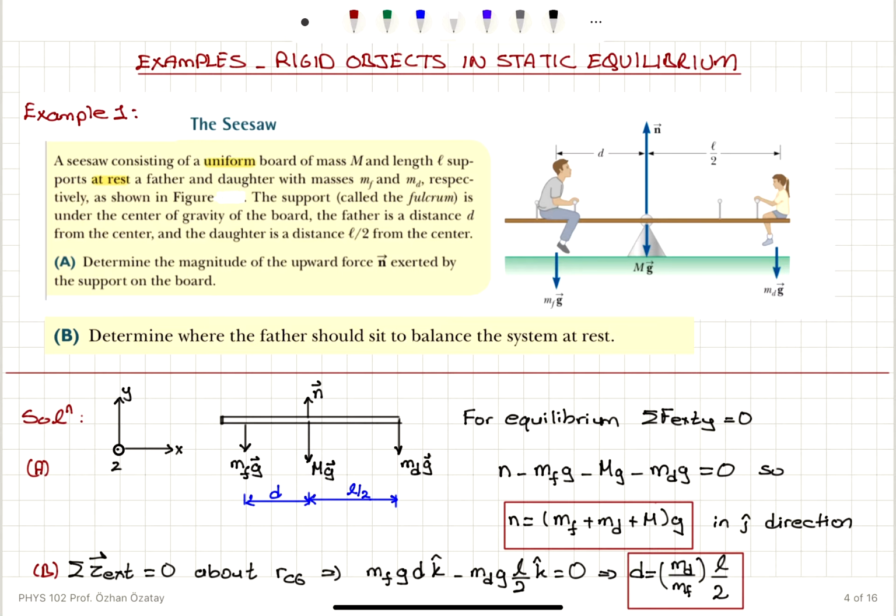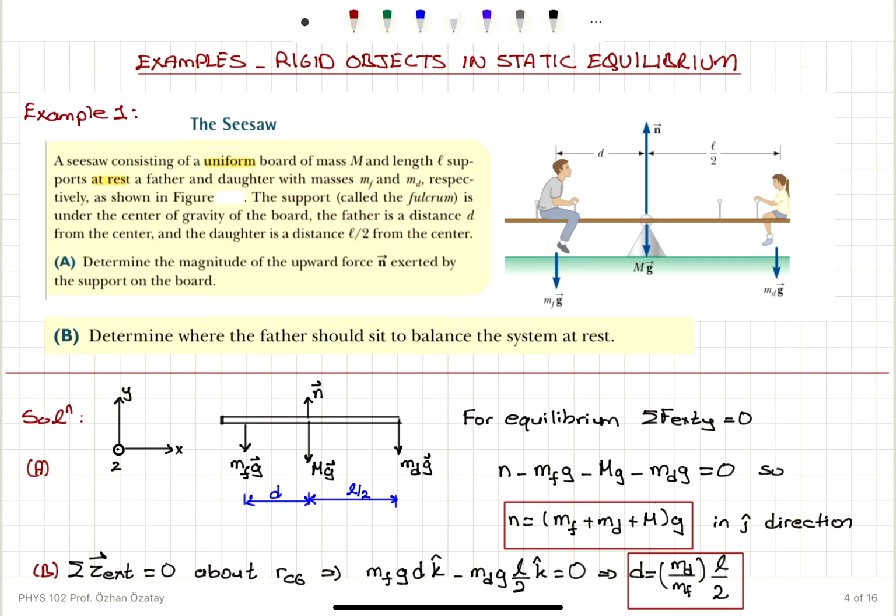So from the static equilibrium translational equilibrium requirement, I have seen that the net force on the y-axis should be 0. So identifying the forces as the weight of the board pointing down, the weight of the father pointing down, the weight of the daughter pointing down, and the normal force pointing up here, I see that the normal force is balancing the total weight. So that was the answer to part A.